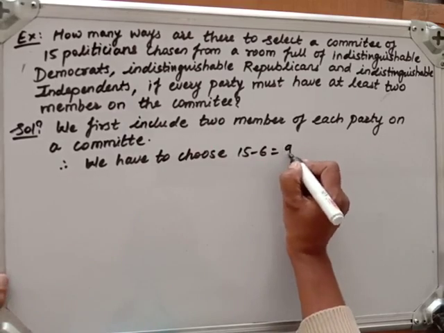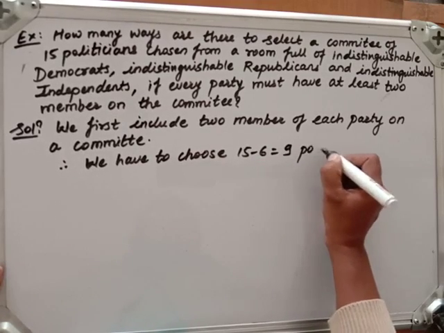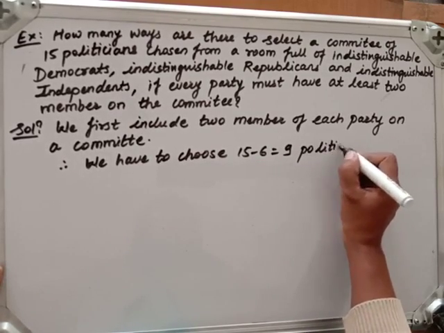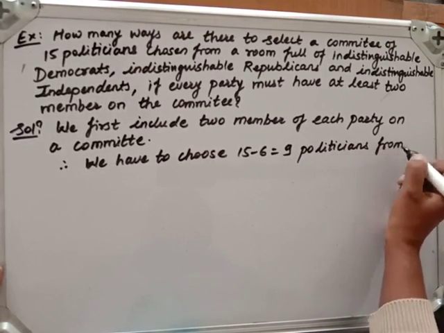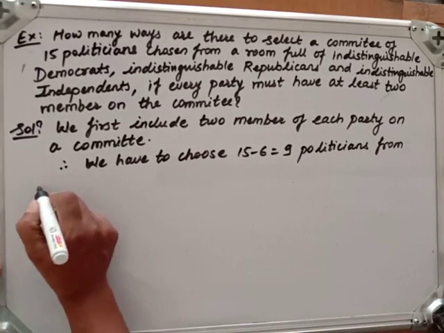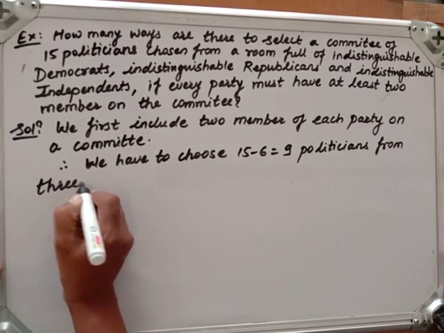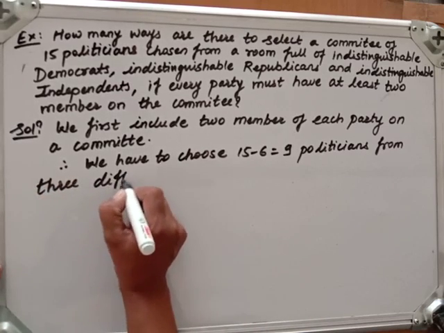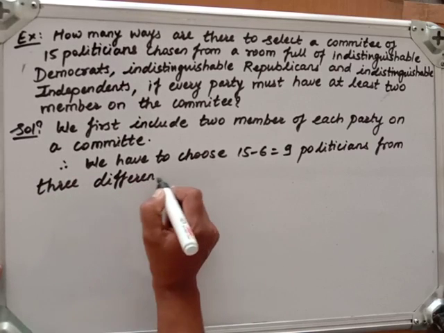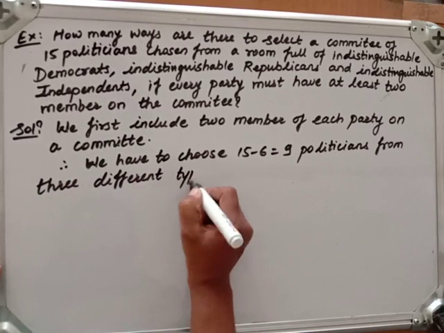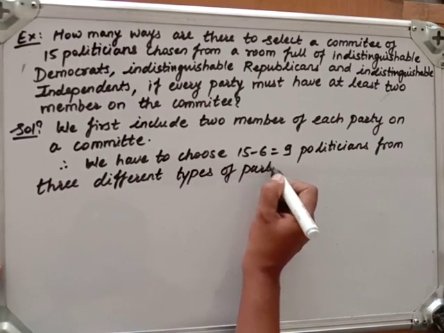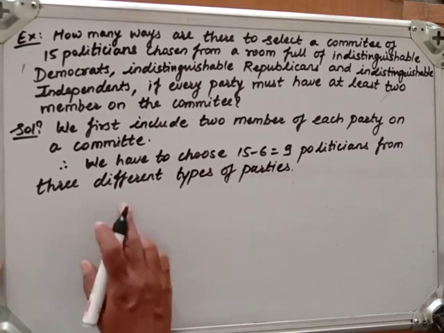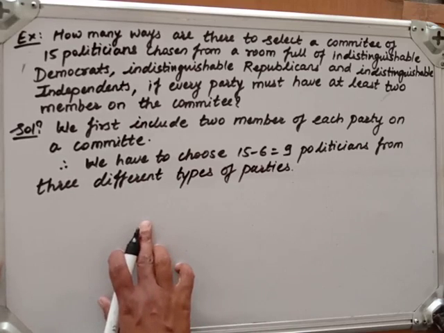So the remaining are only 9 politicians from 3 different types of parties. But while doing that, obviously the repetition is allowed.